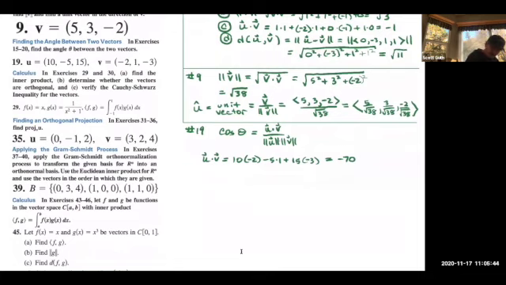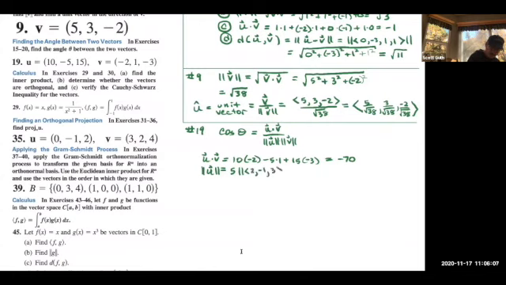And then the magnitude of u. I want to factor out a 5, so that's 5 times the magnitude of 2, -1, 3.